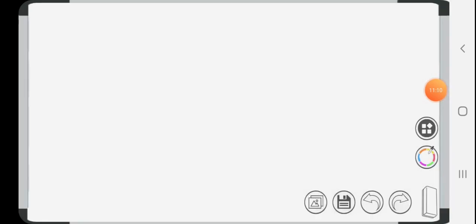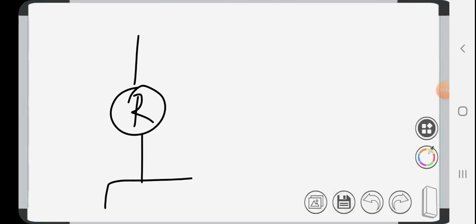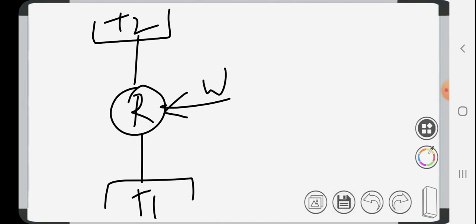Okay, so students, I have drawn a figure like this: T1, T2, work, Q1, Q2. So this is a simple diagram showing the working of a refrigerator. Actually, students, this is the refrigerator.